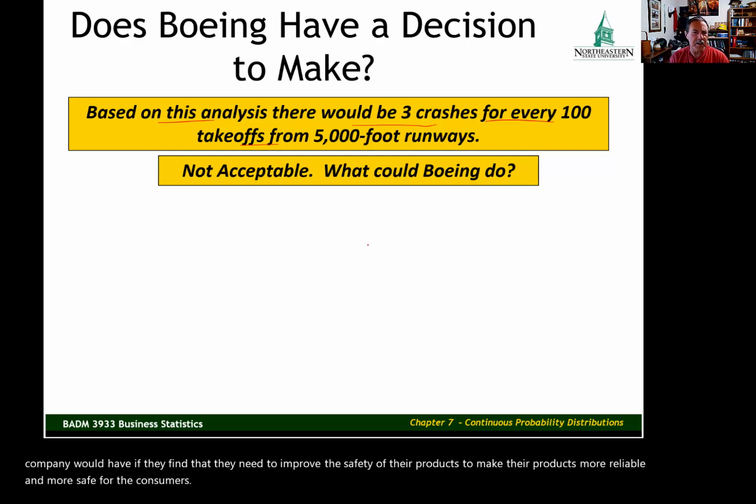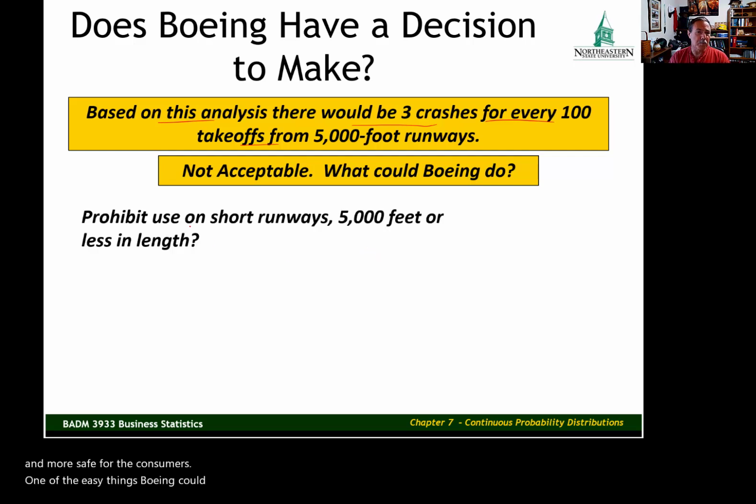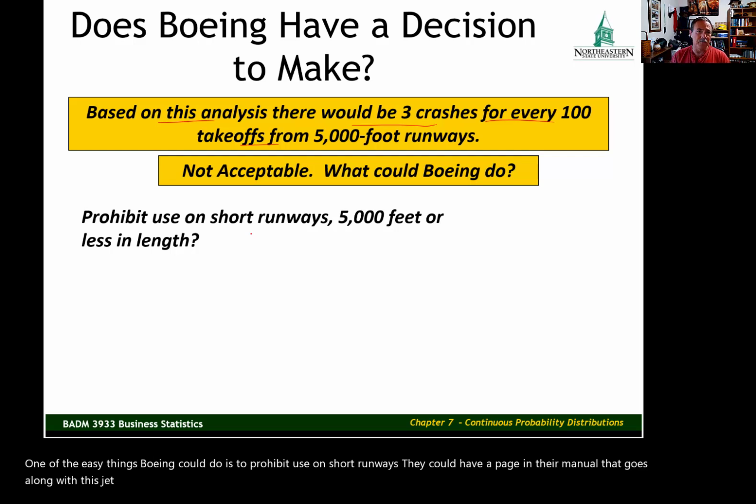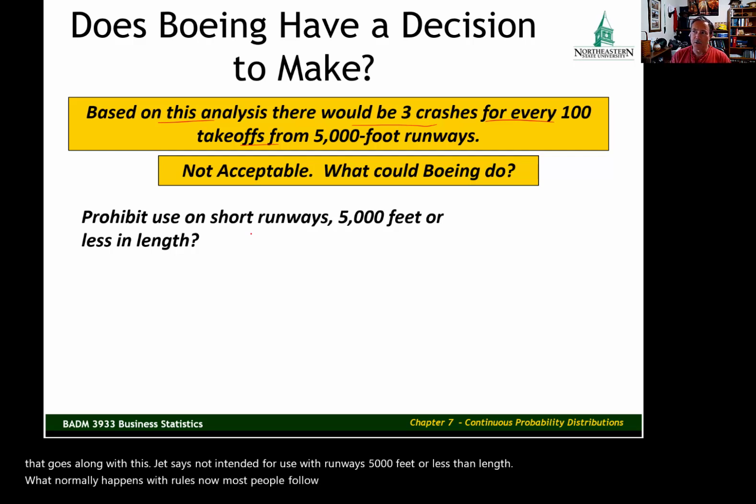One of the easy things Boeing could do is to prohibit use on short runways. They could have a page in the manual that goes along with this jet that says not intended for use with runways 5,000 feet or less in length. What normally happens with rules? Most people follow rules. Most airport managers and most pilots would follow this rule.